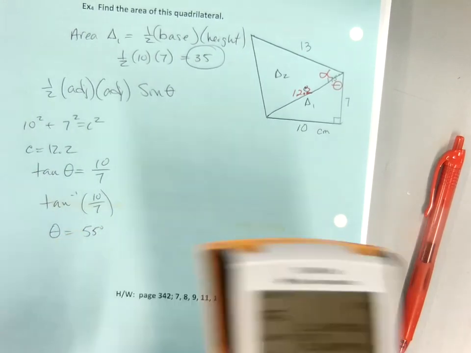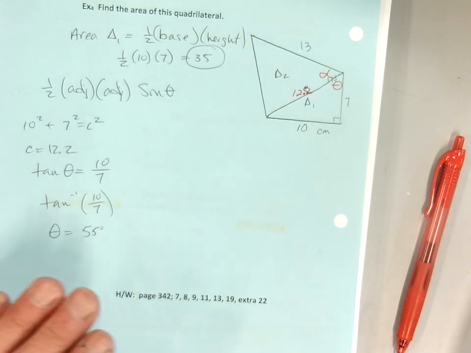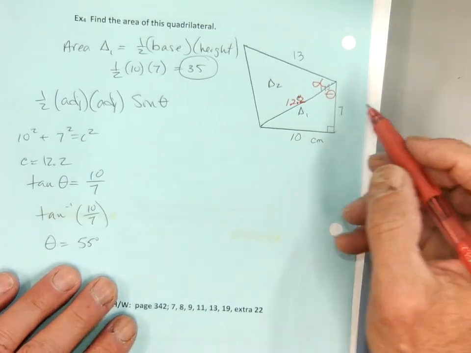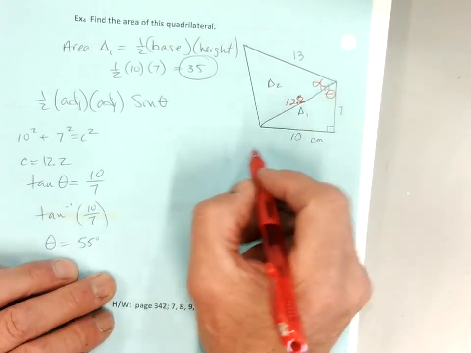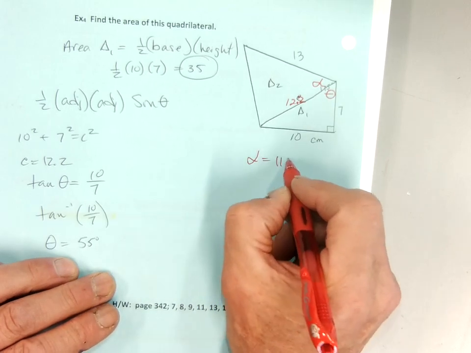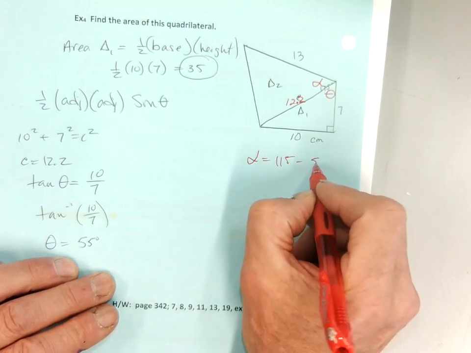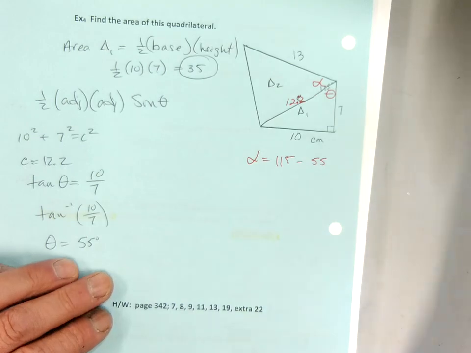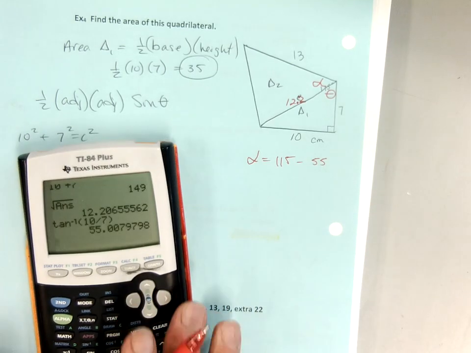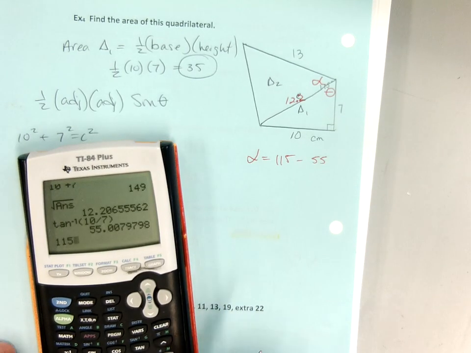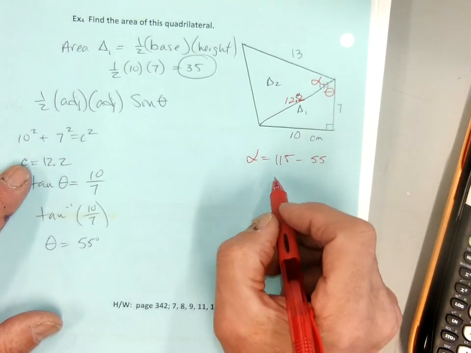Now, Ellie suggested then to get this alpha, we're going to take 115 degrees minus my 55 degrees, which will give me alpha, right? So I get about 60 degrees.